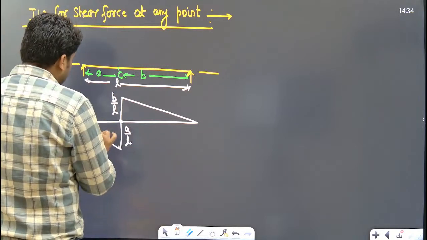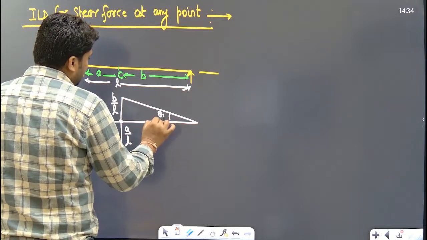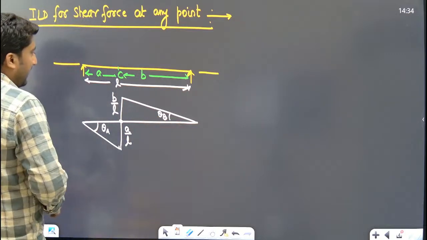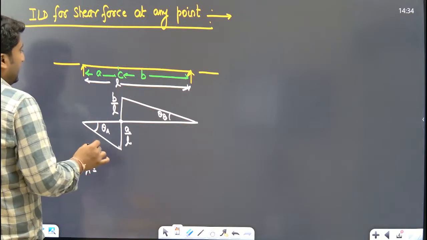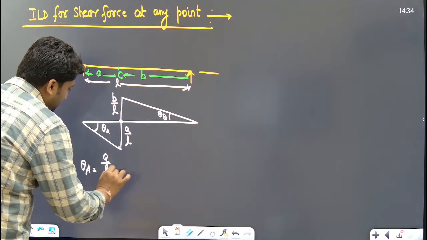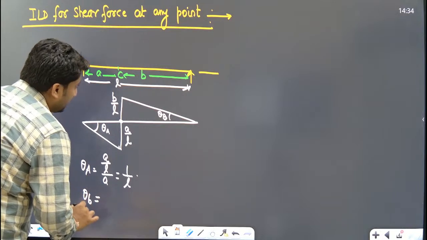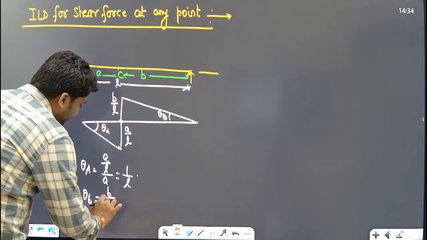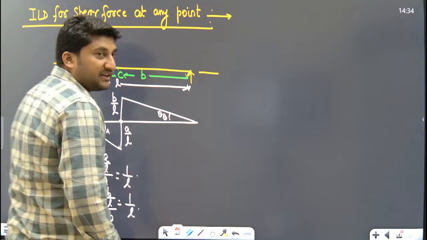Let us suppose this is theta A and this is theta B. What is theta A? Theta A will be equal to perpendicular by base, A by L upon A, which is equal to 1 upon L. What is theta B? Theta B is equal to B by L upon B, that is equal to 1 upon L. So theta A and theta B are equal.